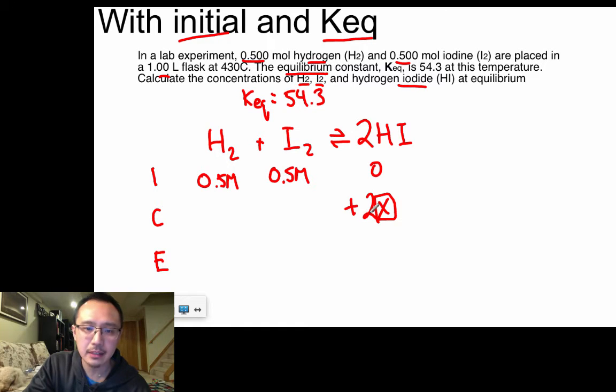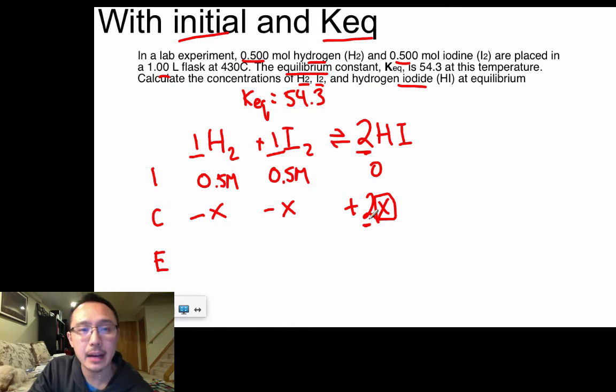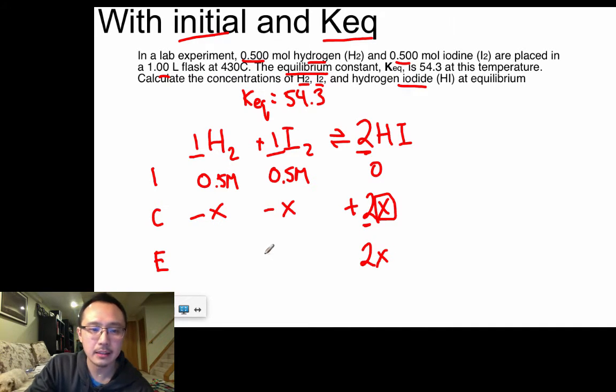Because of this, we can calculate the change for the reacting species, and since this one has a coefficient of 2, all these ones have 1. So this is going to be minus x and minus x. With that, we can put all this in equilibrium, because 0 plus 2x is just plus 2x, and this is going to be 0.5 minus x and 0.5 minus x.